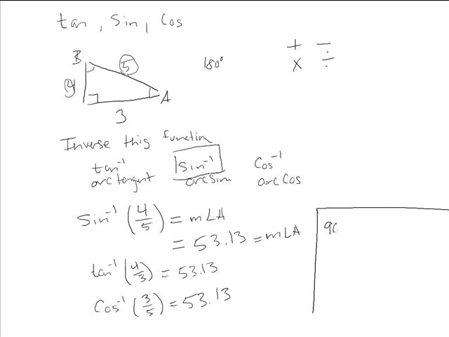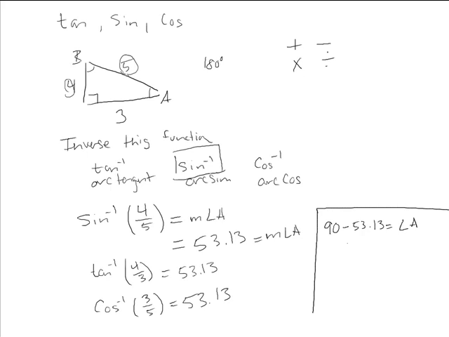So that means that 90 minus 53.13 has to equal angle B. And if we do that, we get 36.87 degrees.